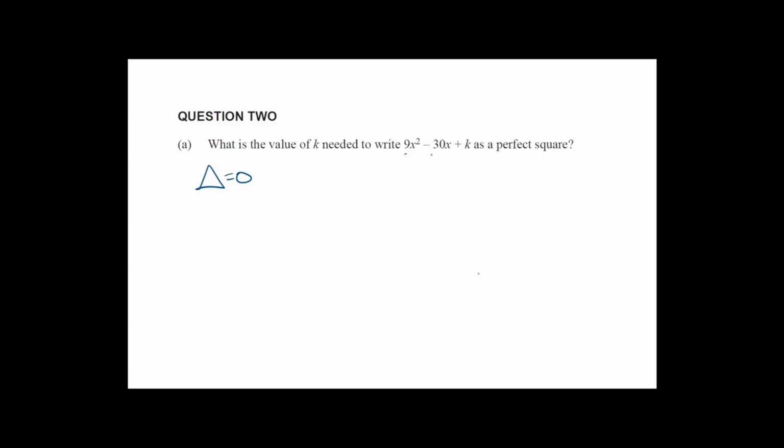A is 9, B is minus 30, C is k. So the determinant is B squared minus 4AC, and we want that equal to 0. So minus 30 squared minus 4 times 9 times k equals 0, and solve for k.